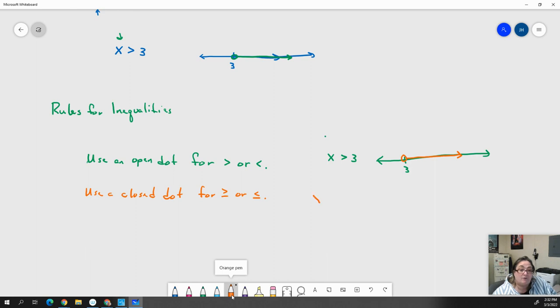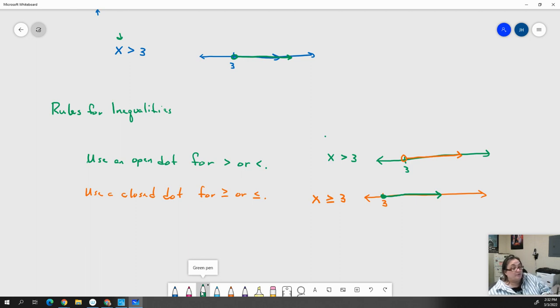So if I were to graph x is greater than or equal to 3, when I drew that graph and I had my point here at 3, I would have a closed dot and it would be everything greater than 3. And it just indicates that we're also including the 3.